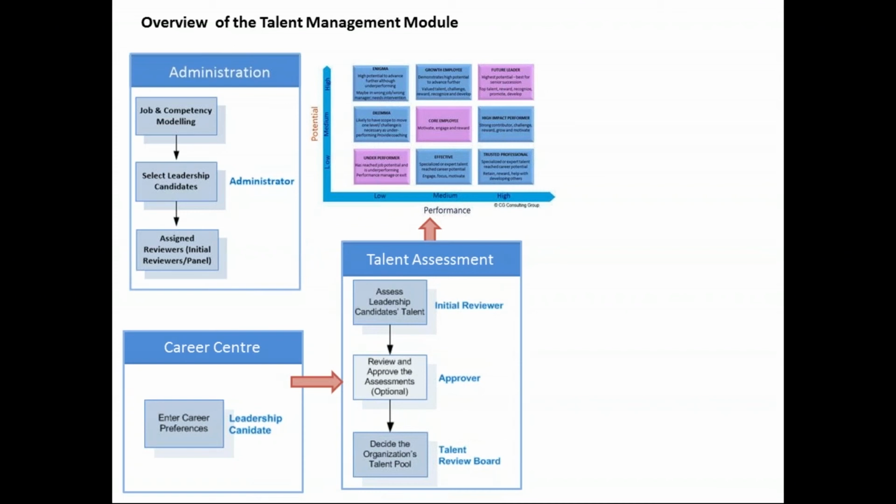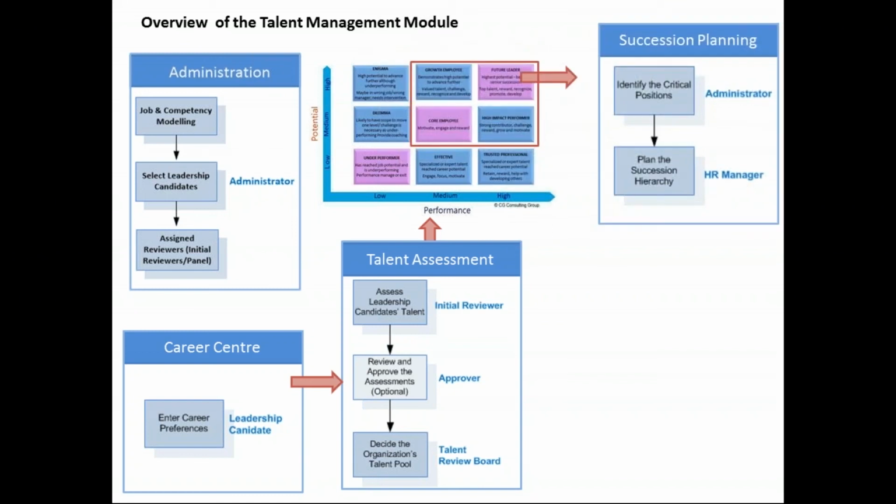The leadership candidates can enter their career preferences before starting the evaluation. We use the career center area to capture those details. Then we enable the talent assessment for the reviewers. Then reviewers can assess the leadership candidates' performance and potential level.